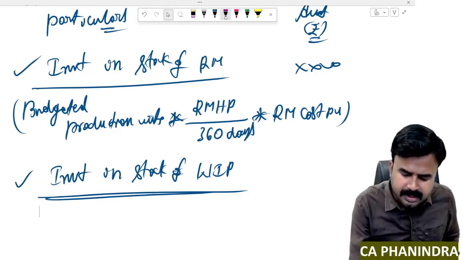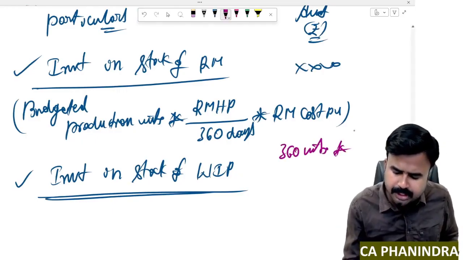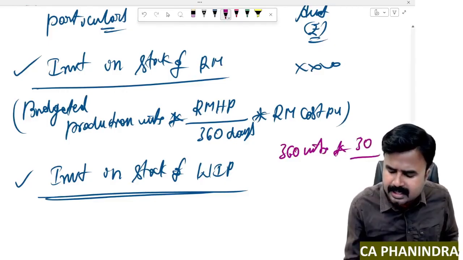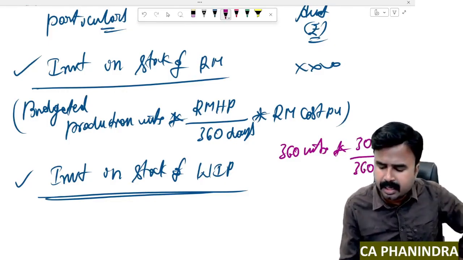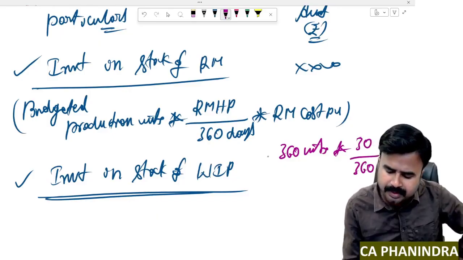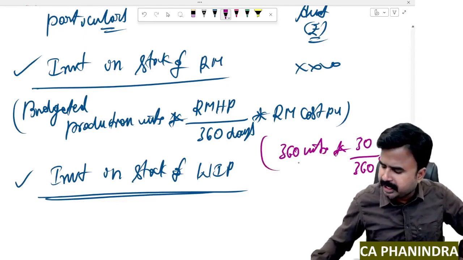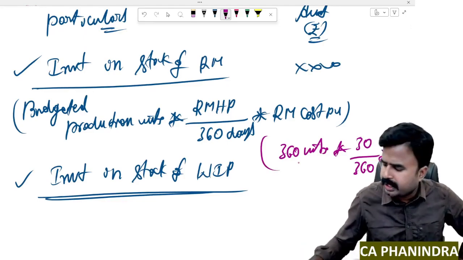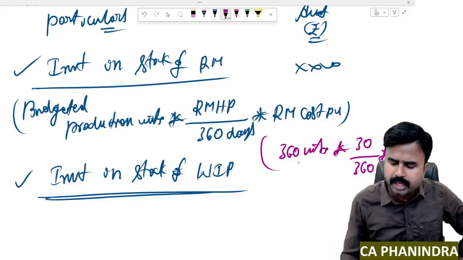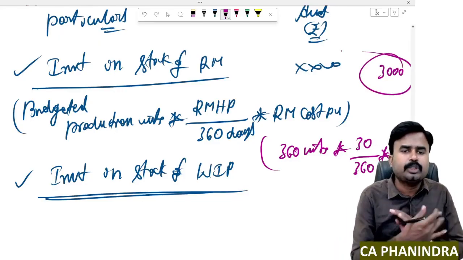So I'm taking the numbers here: 360 units as your budgeted production units, raw material holding period is 30 days divided by 360 days, and raw material cost per unit is 100 rupees. If you multiply 360 into 30 by 360, I got 30 units. Such units must be maintained throughout the year into 100 rupees. So 3000 is the amount of stock of raw material that I should maintain throughout the year.